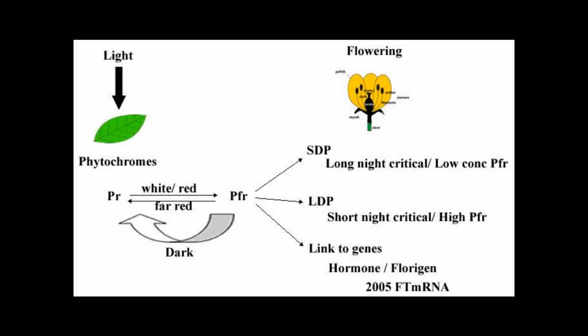The entire process is known as photomorphogenesis, where plant growth is influenced by light, and photoperiodism is the response of an organism to changing lengths of day. It's mainly PFR which controls the onset of flowering, and flowering plants are divided into two categories. Short day plants only flower if the period of darkness is above a certain critical length, because PFR inhibits flowering growth.